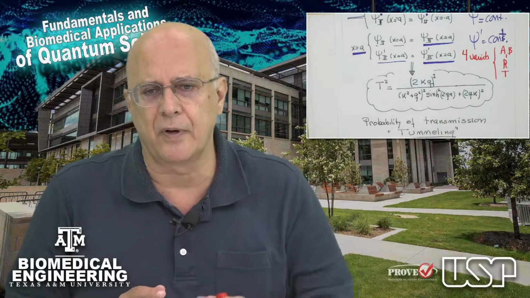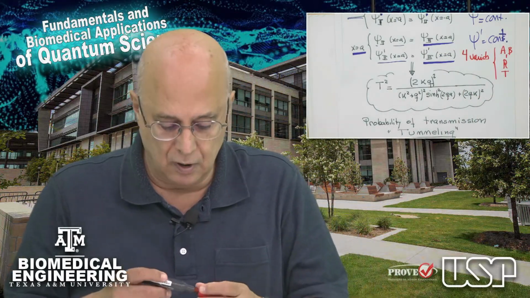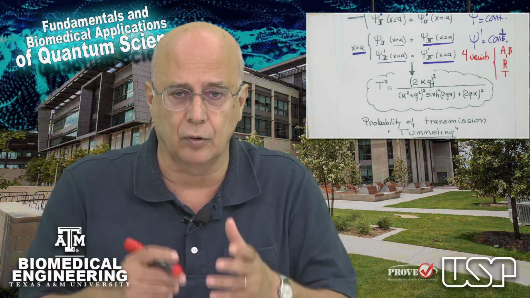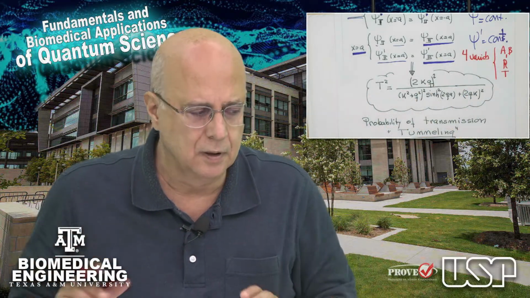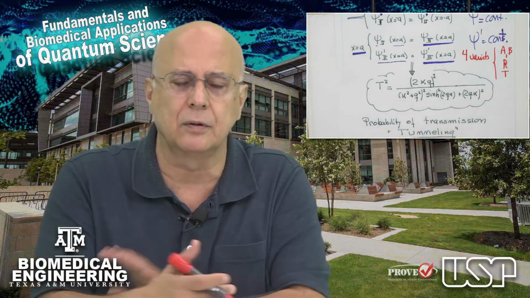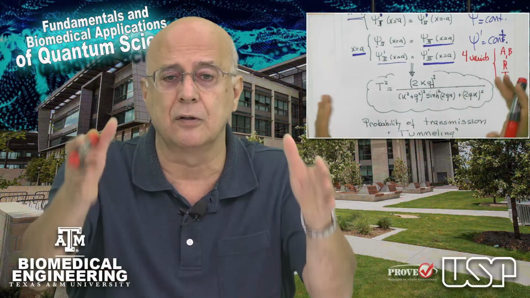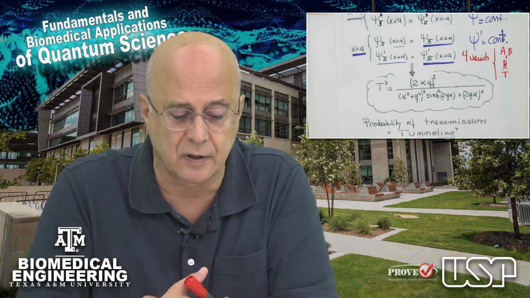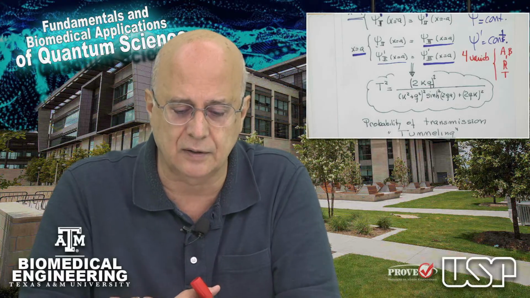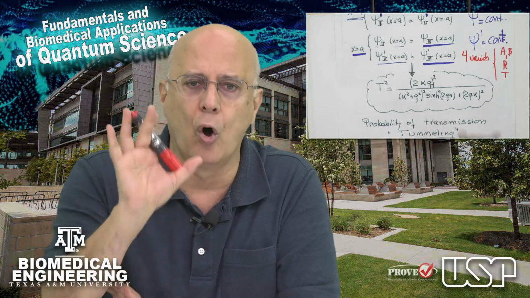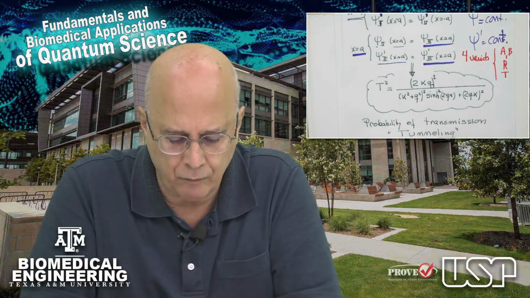The size of the barrier and the energy of the particle are given numbers. Whoever prepared the system put the energy in the particles, and whatever is the physical situation that originates this barrier is there. Those are known parts of the problem.